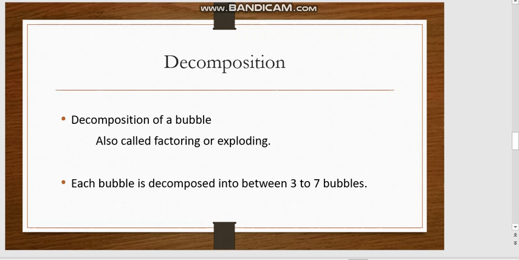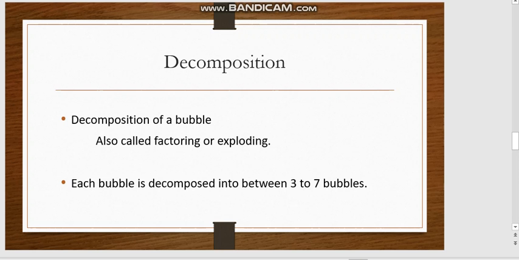Now let's understand what we mean by the term decomposition. The decomposition of a bubble is also called fracturing or exploding, and each bubble is decomposed into 3 to 7 bubbles. Each bubble in the DFD represents a function performed by the system.